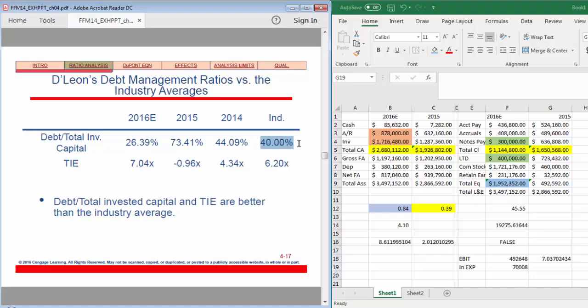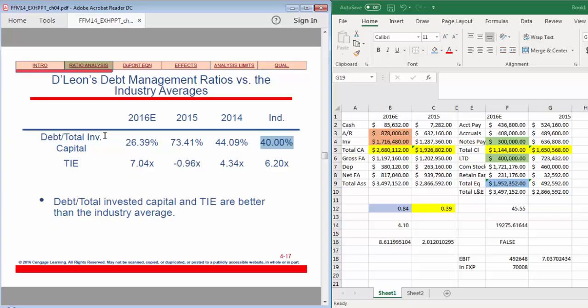Industry is 40%, which makes us better than industry, because remember, you'd like to have the debt to total invested capital number as low as possible. For times interest earned, you are 7.04 times compared to the industry average of 6.20, and that is also good, because you're earning a lot more to cover your interest than the industry average.